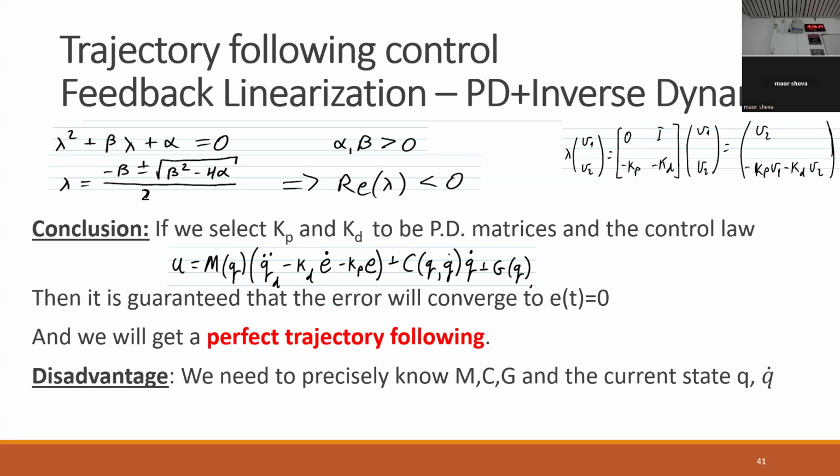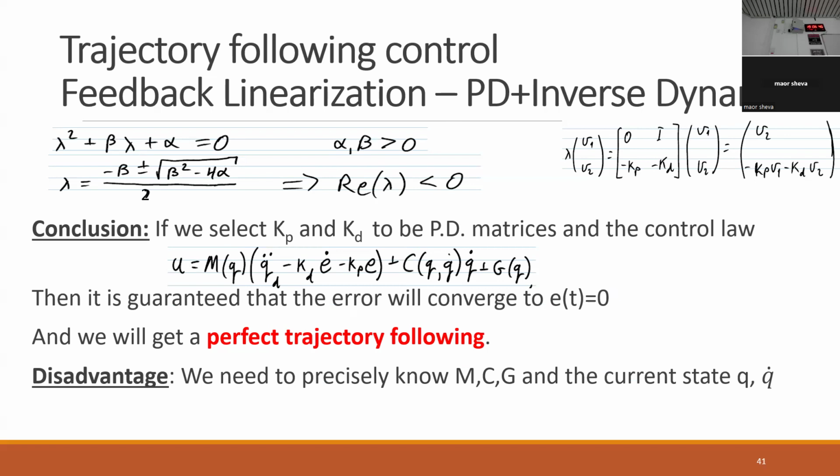If it's smaller than 0, then this part is complex, because I have a square root. And the real part will be minus beta over 2, so the real part will be negative.